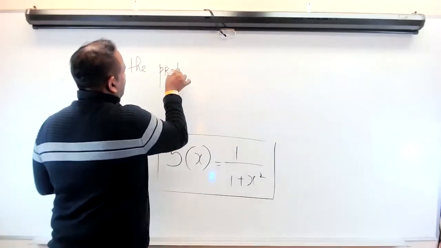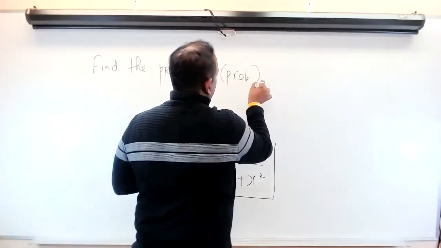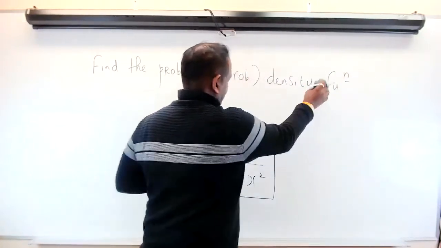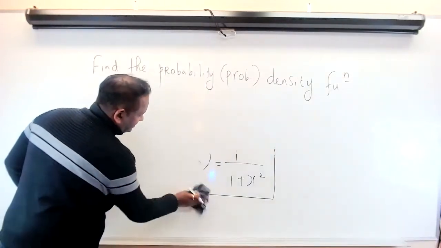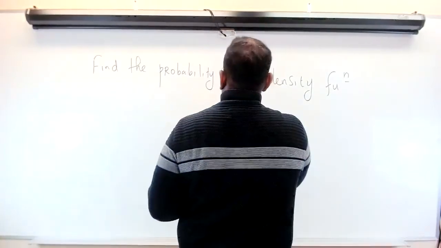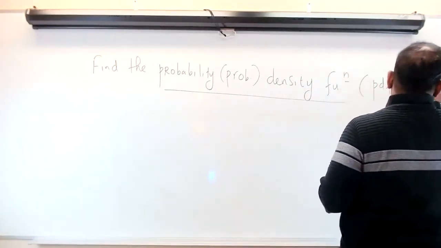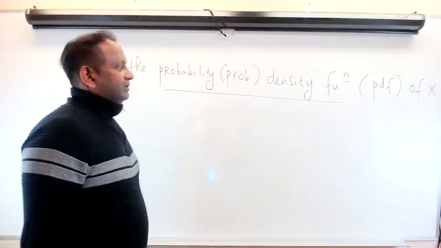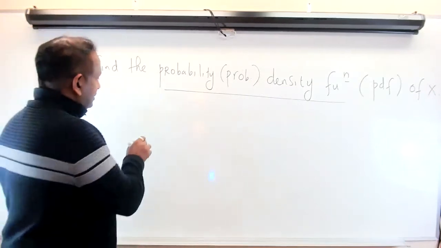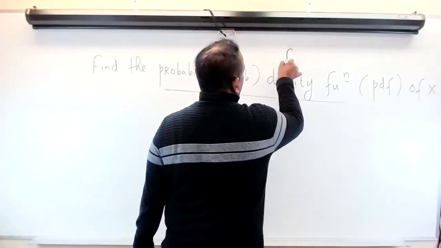We're going to say PDF, the abbreviation we can utilize. So together, all this we can say PDF of x. Now we are looking for not the survival function, but the probability density function, which is generated from the survival function. We know that f of x is the probability density function.